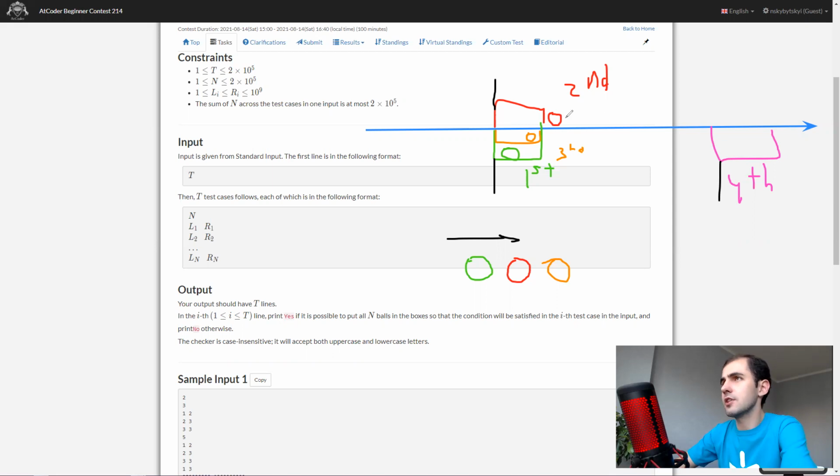Another way is to explicitly create an event for each right endpoint that checks that this ball is put down by this time. Here you may find your mistake later than earlier. This does not matter for the correctness of the algorithm.